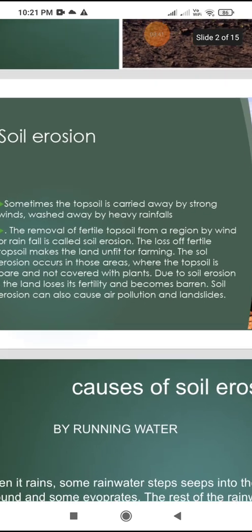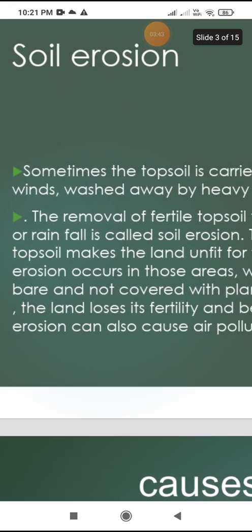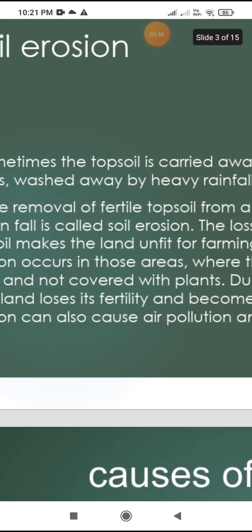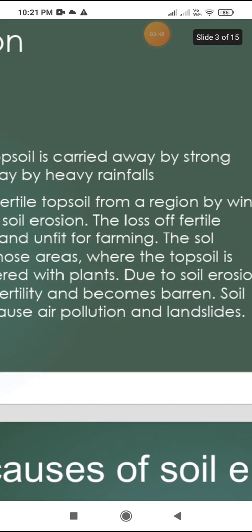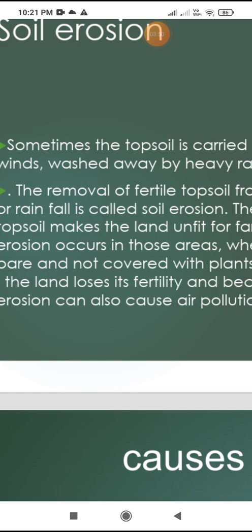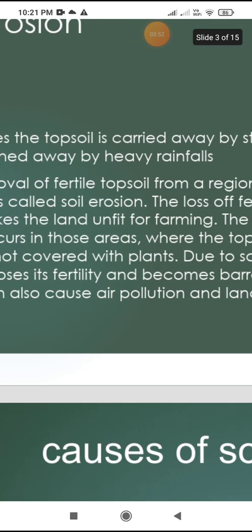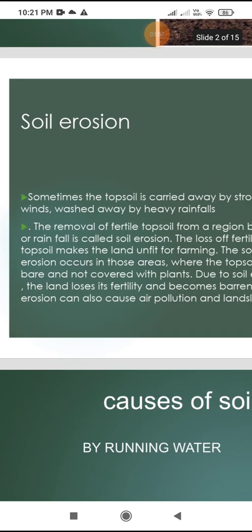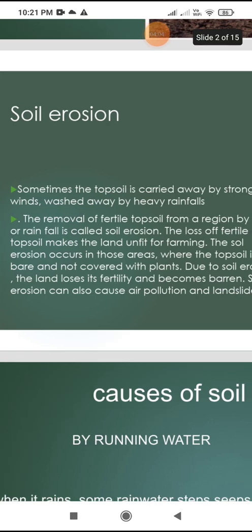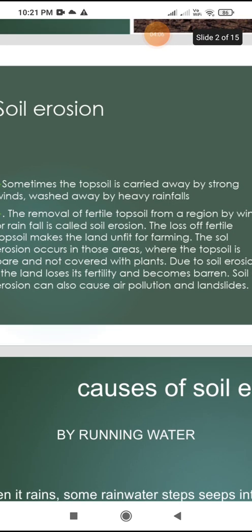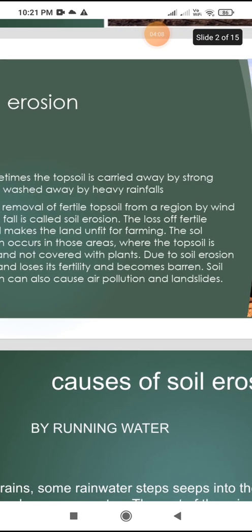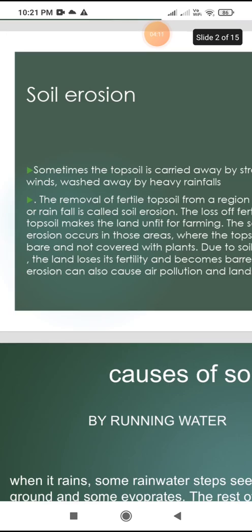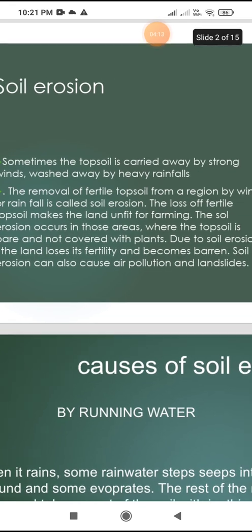So here you can see the definition given in this slide. Sometimes the topsoil is carried away by strong winds or washed away by heavy rainfalls. That's known as soil erosion. So, what are the causes for soil erosion? Why is this soil erosion actually occurring in nature? We'll see. The removal of fertile topsoil from a region by wind or rainfall is called soil erosion.